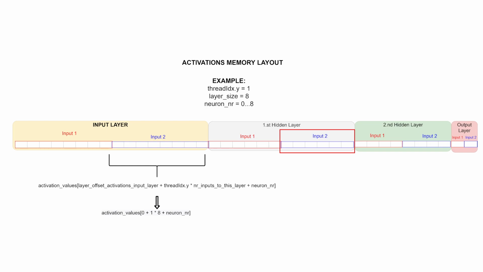To compute the weighted sum, these threads have to index into input number 2 of the input layer. For the first iteration, the layer offset will be 0. The product of threadIdx.y times number of inputs to this layer helps us to point into the correct input inside the layer.